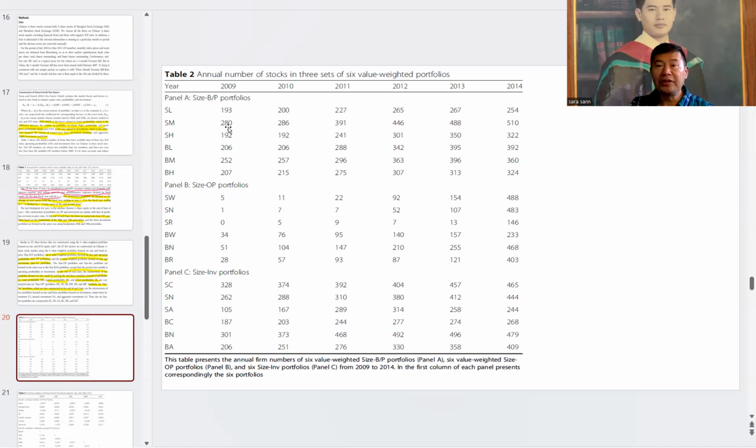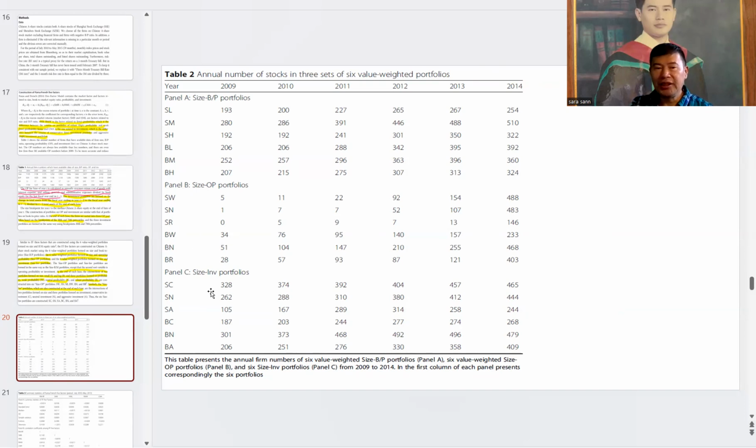Forming the portfolio according to operating profitability, or return on equity, there are the same 6. Small W is small size with weak operating profitability, or weak return on equity. SN is neutral, and SR is small size with robust return on equity.